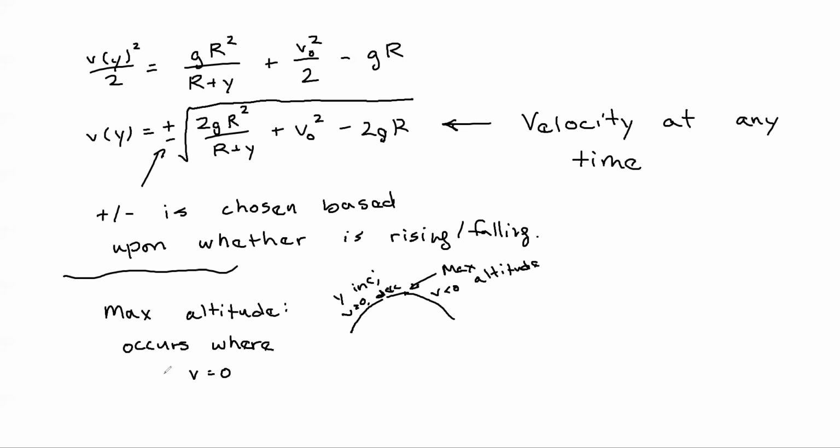And so what we can do is plug in v equals 0 to solve for max altitude. All right, so let's do that on the next page. All right, so max altitude. We're going to set v equal to 0, and we're going to say the max altitude is given by xi.